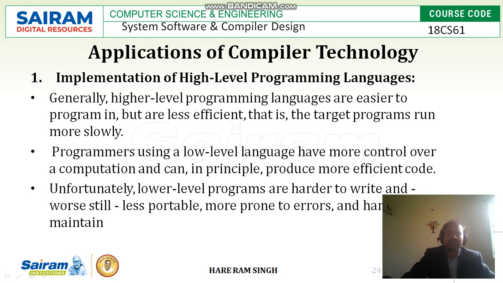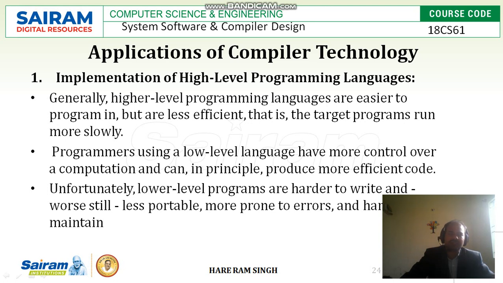So compiler technology is used to implement the high-level programming language into assembly language. Let us see. Generally, higher level programming languages are easier to program but are less efficient. That is, the target programs run more slowly.